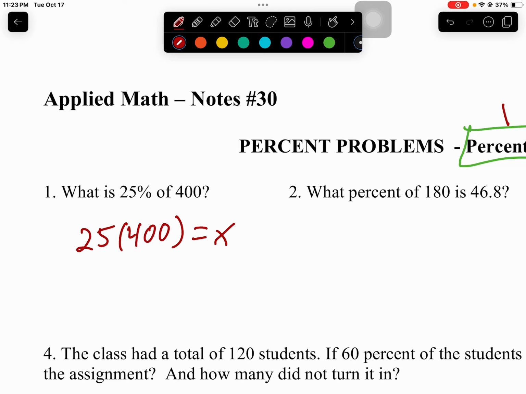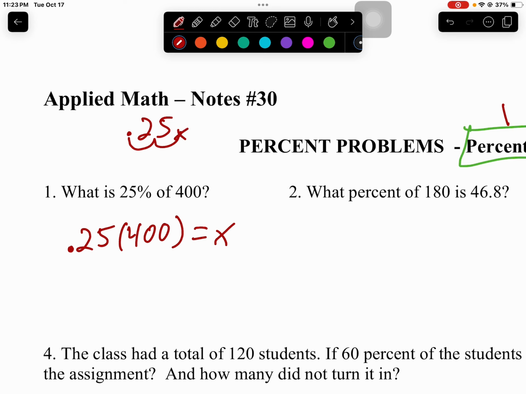So that means the decimal place goes in front. You need to move your decimal 2 spots to the left, because that is the hundredths spot.